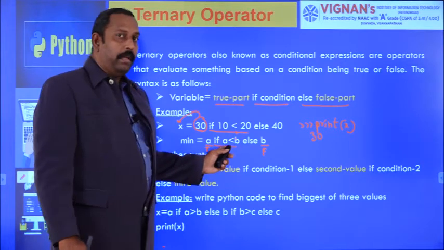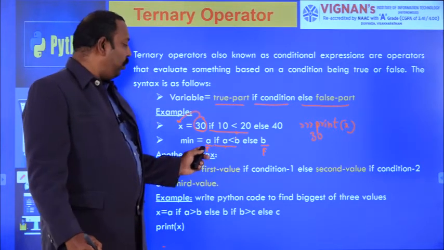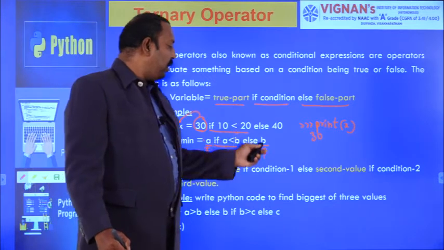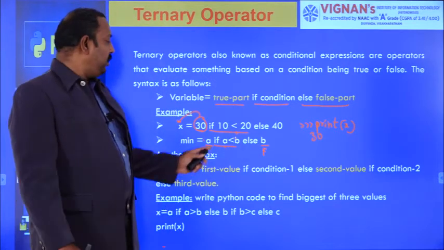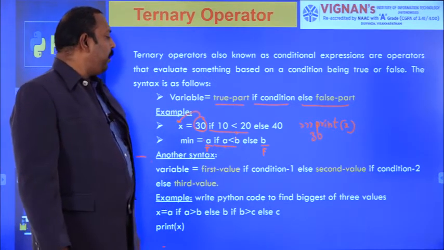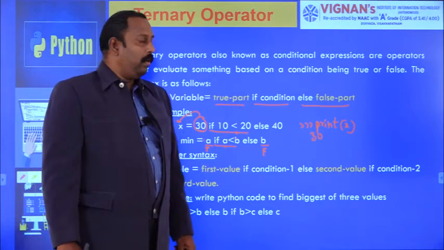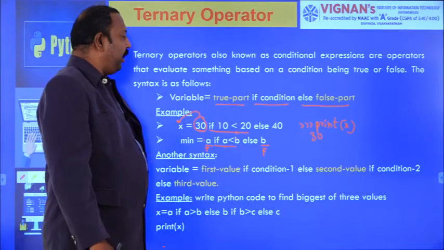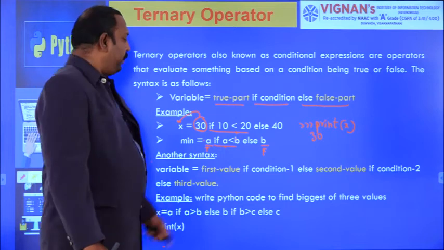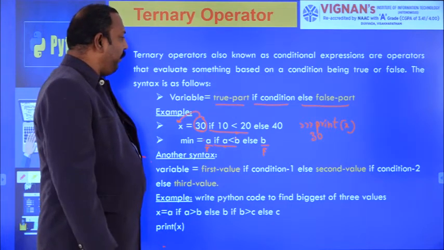If a less than b, a is the minimum value, that's why in the true case you have to write a, and in the false case you have to write b. So this is the logic for finding the minimum of two numbers a and b. Similarly, we can write a logic for finding the biggest of two numbers.